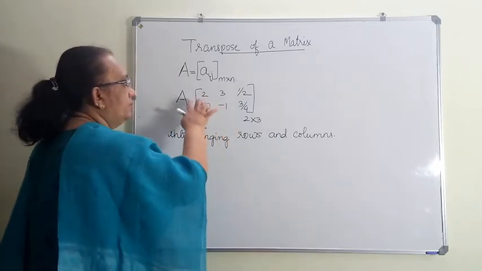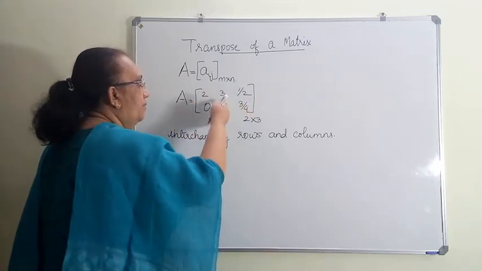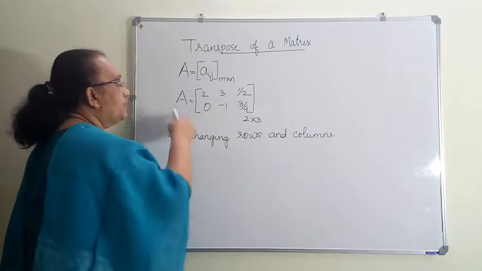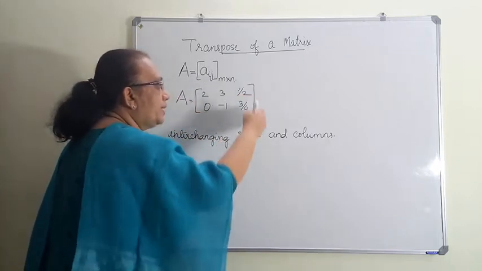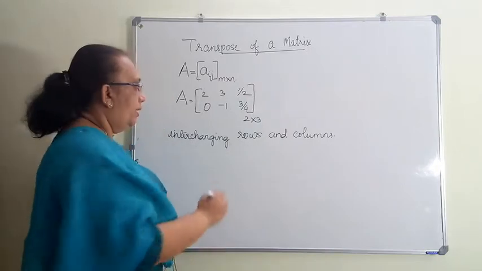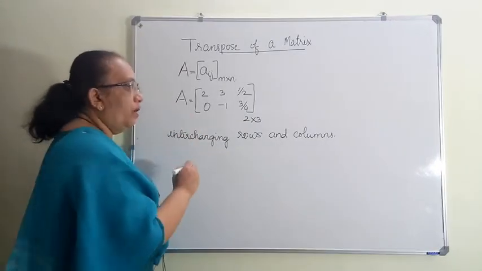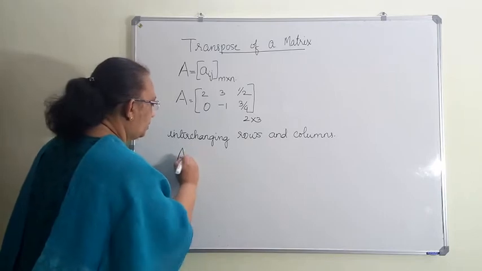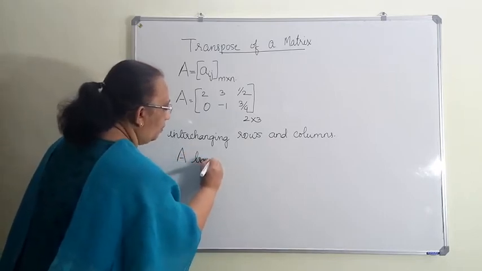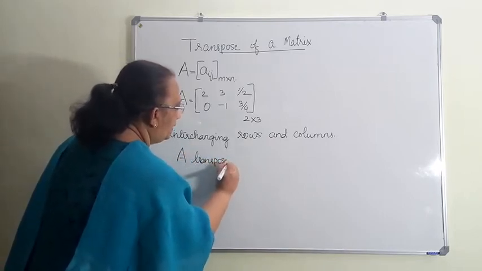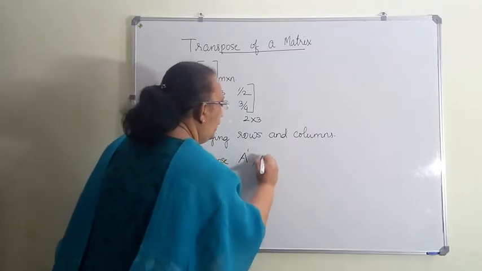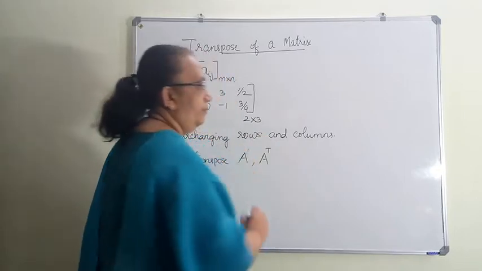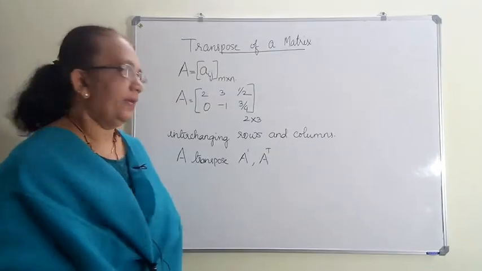That is, the rows of a matrix will become the columns of the transpose. Again, the second row will become the second column of the transpose. So, we can write in short form, A transpose is written as A dash or A raised to T.